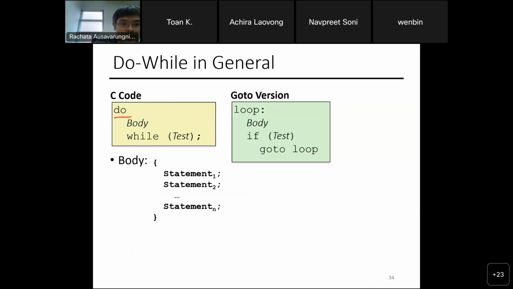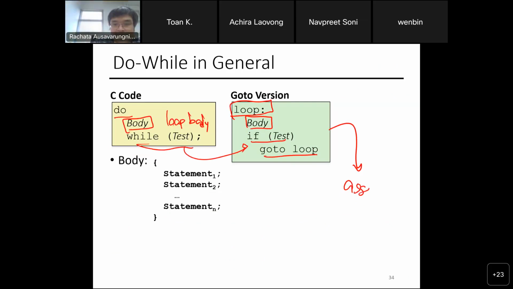So you have a do followed by a loop body, right? You would then convert to a go-to version by first labeling the loop, writing the loop body. If something happened, like the same condition here, go to loop, right? Then you would convert this to assembly.